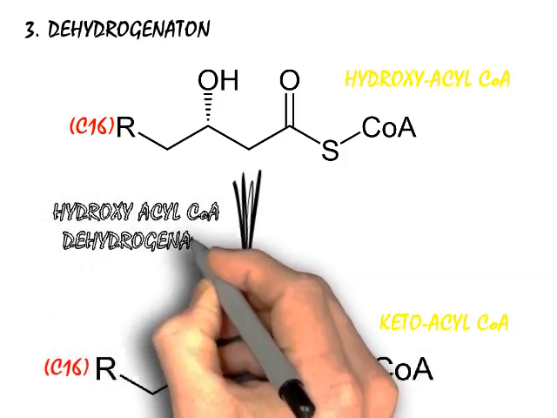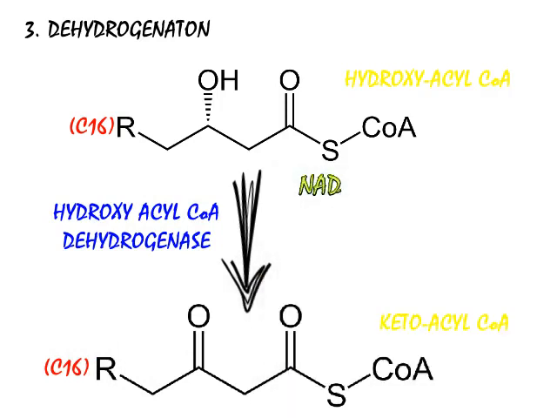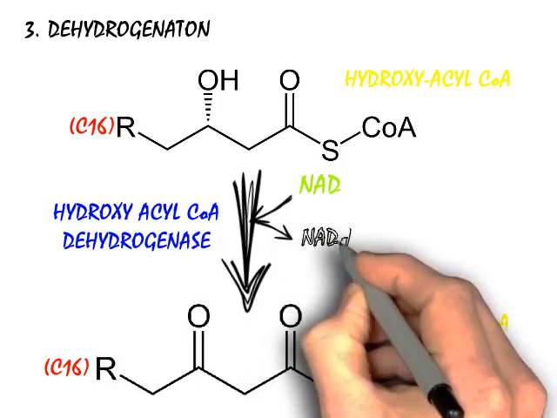And in this reaction, a molecule of NAD is also reduced to NADH. And in this reaction, at the beta carbon, a double bond O is attached instead of OH.